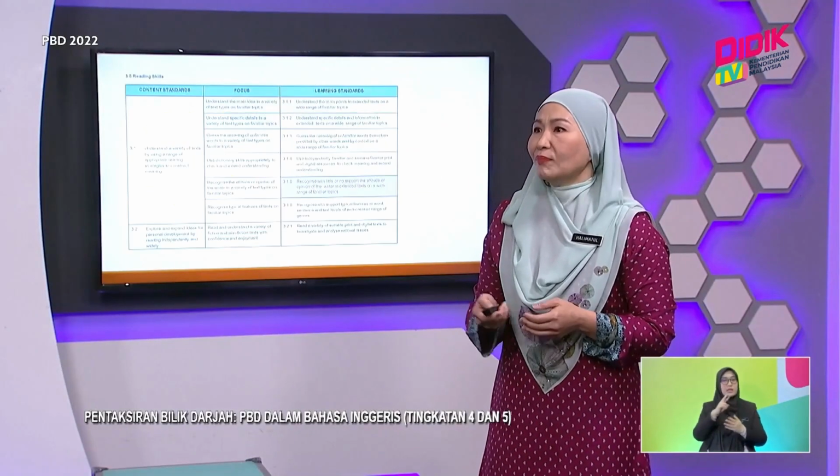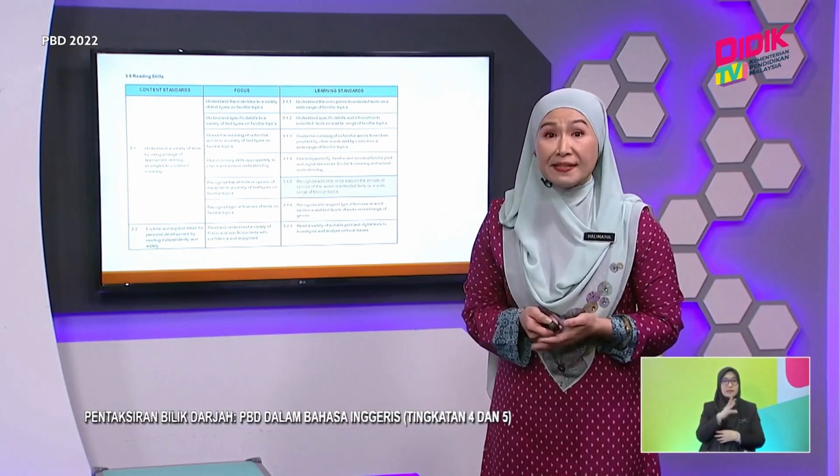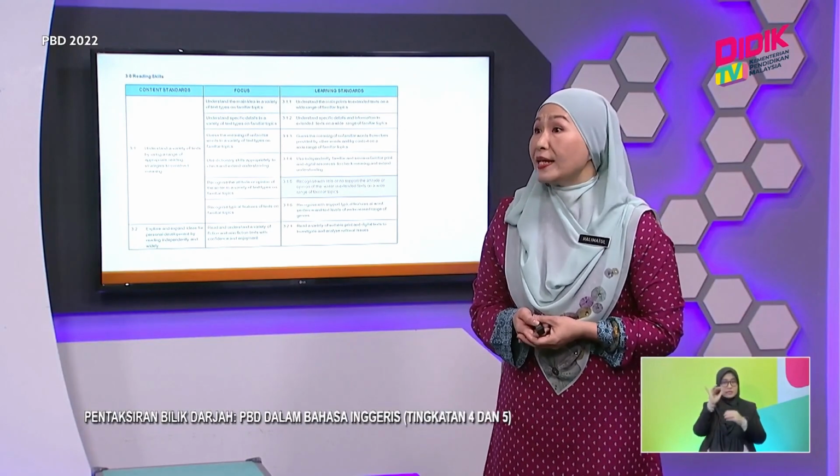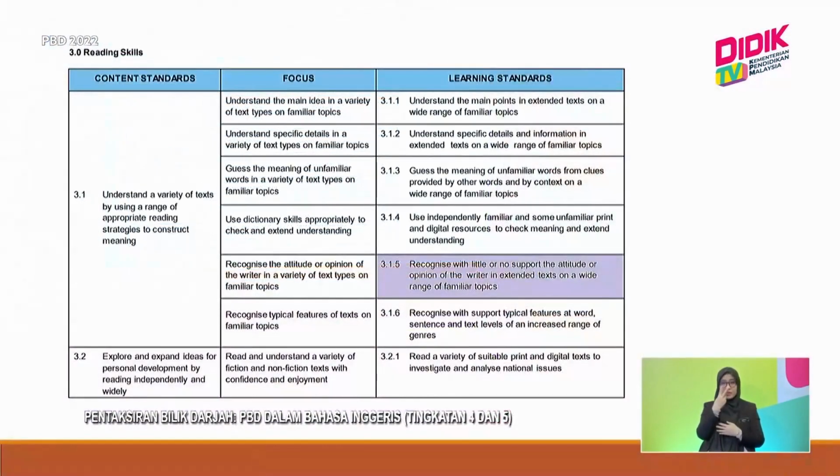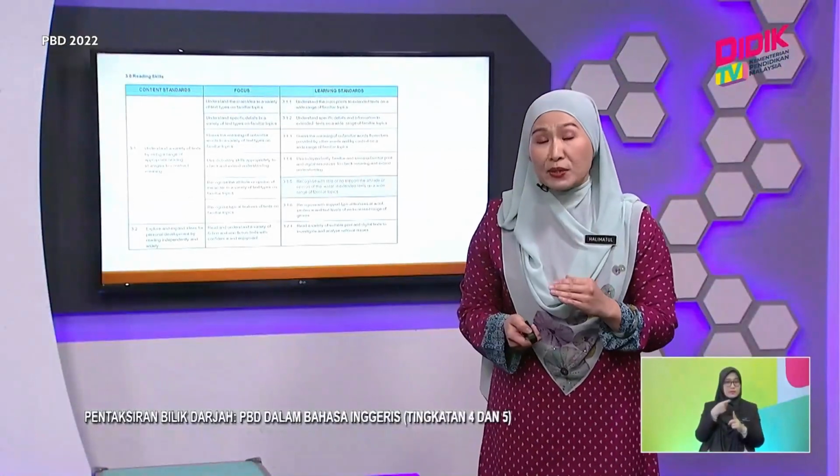Now, the particular learning standard that we are going to focus on is 3.1.5, which is recognize with little or no support the attitude or opinion of the writer in extended text on a wide range of familiar topics. I've taken this from the DSKP.